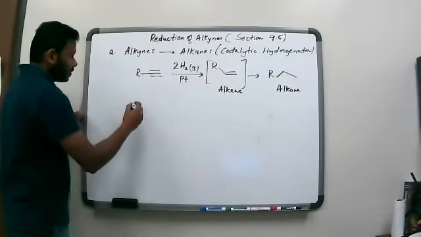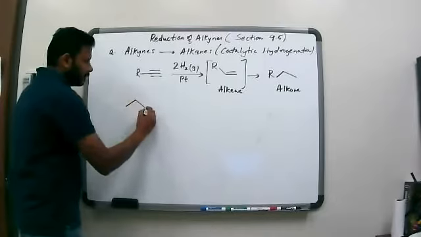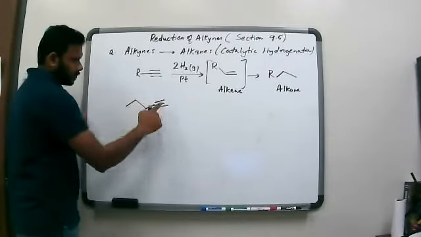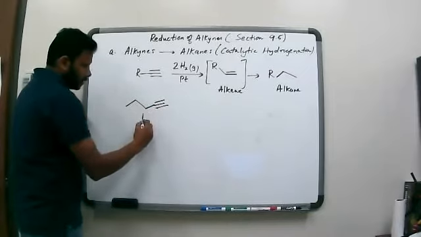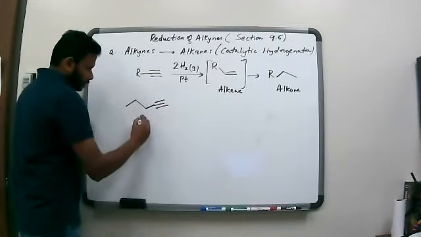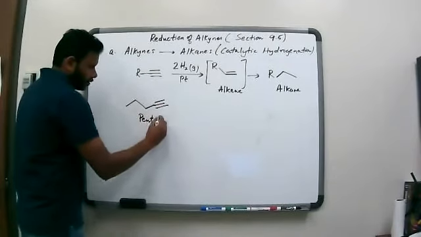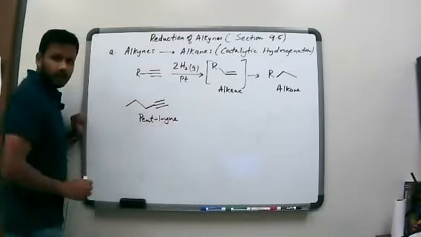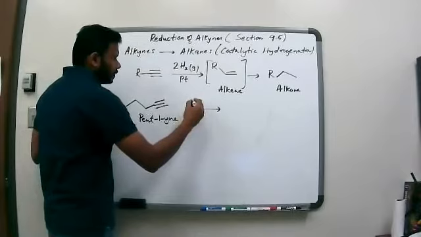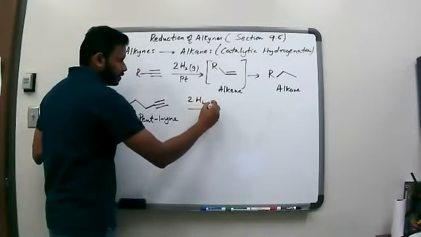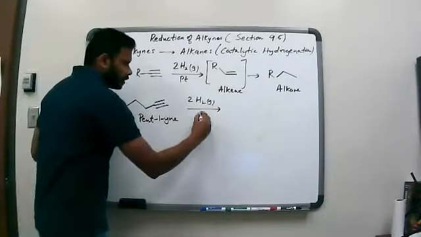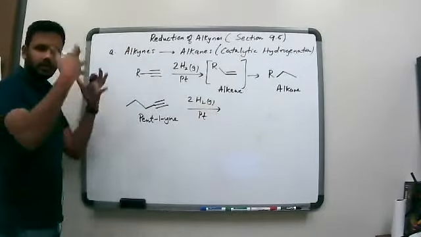So for any alkyne that you can think of, so let's say if we have this 1, 2, 3, 4, 5 carbon alkyne. So this is one new nomenclature. So pent-1-yne. If I take pent-1-yne and if I do a reaction with hydrogen gas, now this H2 may or may not be written all the time, but just realize that when we have this gaseous species, imagine like a lot.